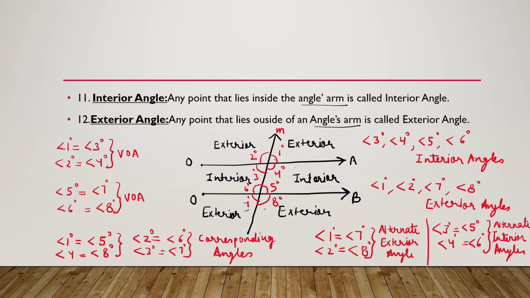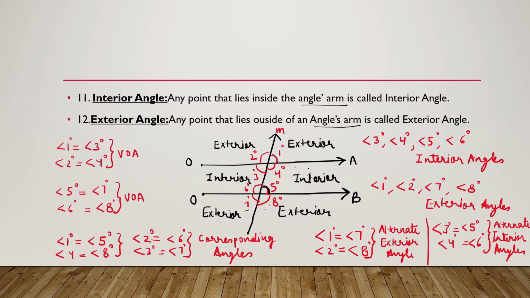In the previous video I also told you that when one line intersects two parallel lines, the opposite angles are vertically opposite angles. Likewise, angle 5 equal to angle 7 and angle 6 equal to angle 8 are vertically opposite angles. Now we will see corresponding angles. If you see, angle 1 is equal to angle 5, they are on the same side. They are corresponding angles. Angle 4 equal to angle 8, angle 2 equal to angle 6, angle 3 equal to angle 7, they all are corresponding angles.